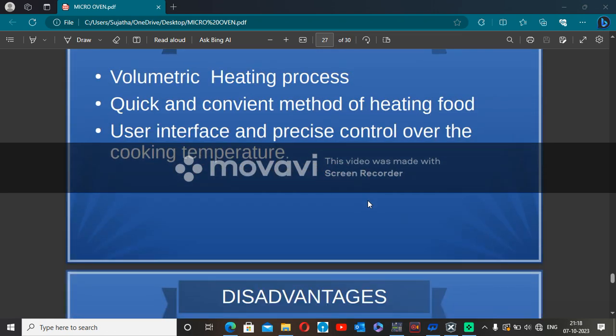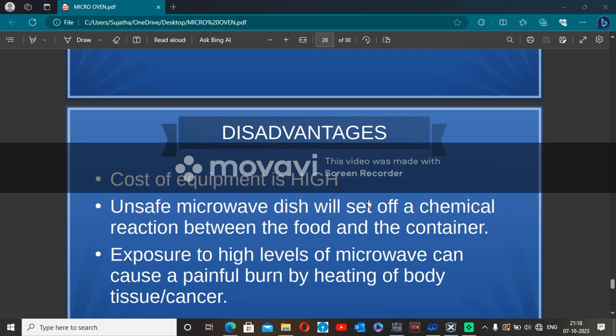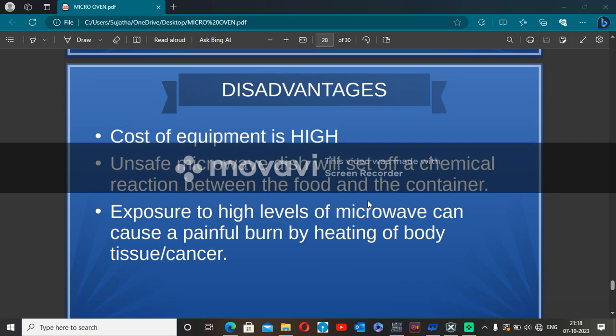Now, let's discuss disadvantages. Cost of equipment is high. Unsafe microwave dish will set off a chemical reaction between the food and container. Exposure to high levels of microwave can cause a painful burn by heating of body tissue, cancer.